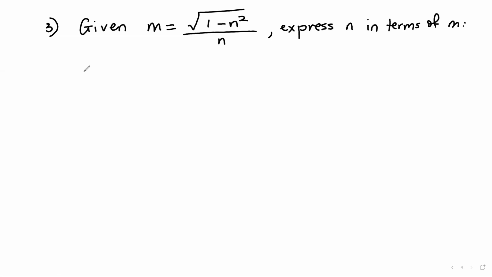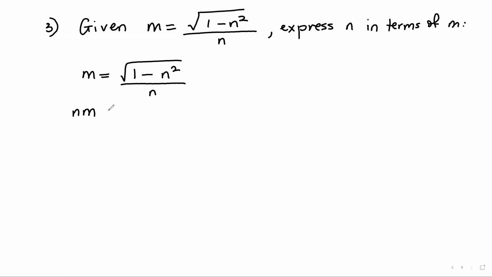Let me write this over: m is equal to the root of 1 minus n squared divided by n. To get rid of division by n, you would have to multiply. So to move n from the right-hand side to the left-hand side, you'll have to multiply by n.